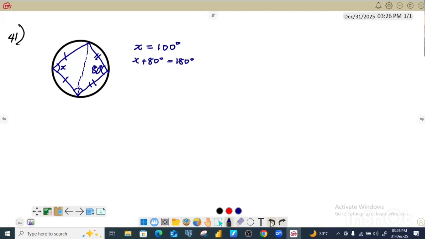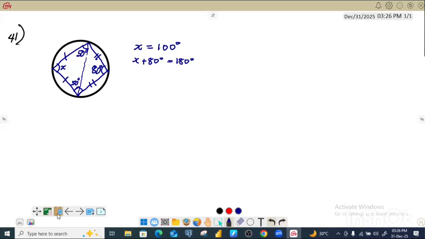Sorry, that diagram is not okay, I want to make it right. Now we can call this place 50. Do you agree with me? And this place will be 50.